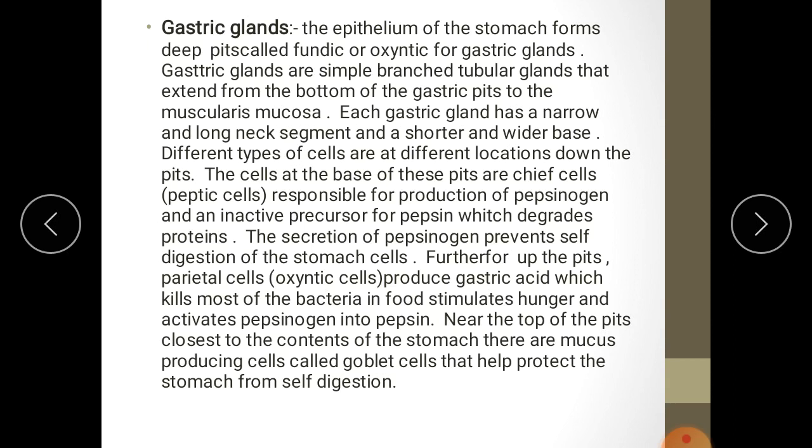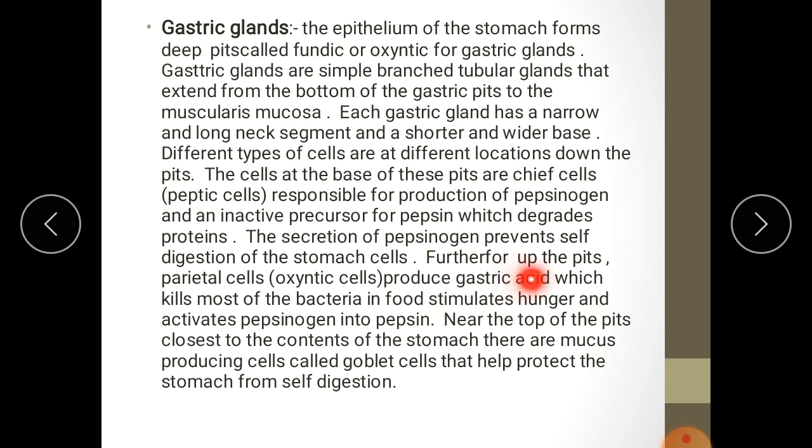Actually, protein digestion begins from the stomach onwards. Carbohydrate digestion has already started in the mouth, but here in the stomach, carbohydrate digestion doesn't occur. The secretion of pepsinogen in inactive form prevents self-digestion of the stomach cells.